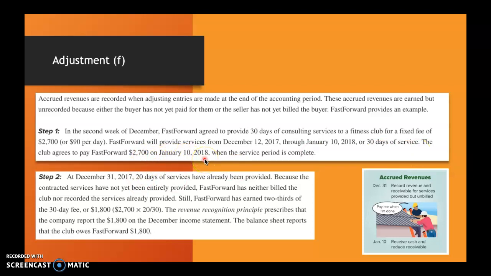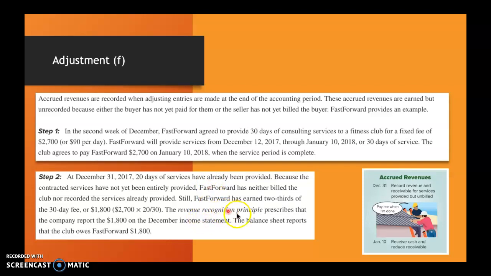So in this example, our company is going to be providing consulting services for 30 days, but instead of getting paid up front, we're going to get paid at the end. Because this overlaps a year, we need to record the amount that occurred in 2017, which was 20 of the 30 days.